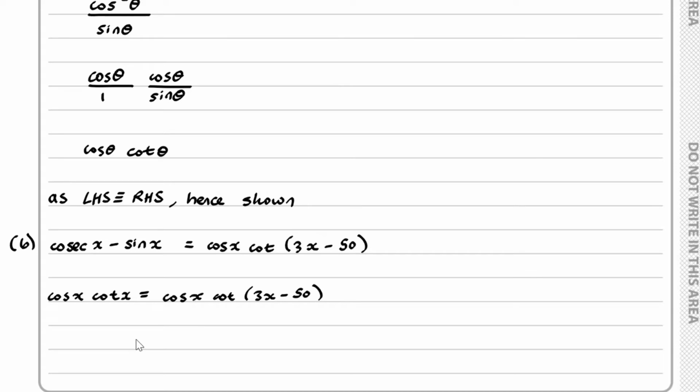And straight away hopefully you can recognize that cos x equals 0 is a solution to this equation. The reason for this, if we write this down in a different colour actually, we can take everything over to one side. So here we have cos x cot x minus cos x cot of 3x minus 50.